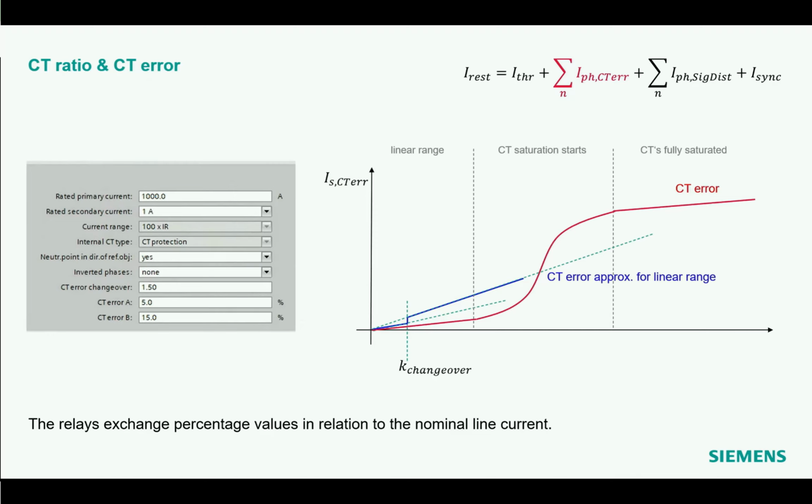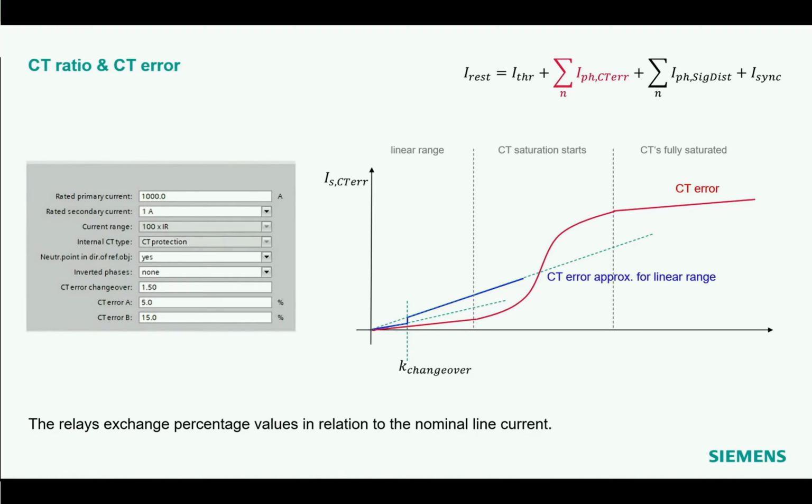Maybe a quick repetition of where to set it and why we have two factors for that. The setting is made in the tab measurement points, in the measuring points, where you set the CT ratio. You also set the settings for the CT error. And these CT errors describe this linear range of the CT that you see here on this diagram on this slide.